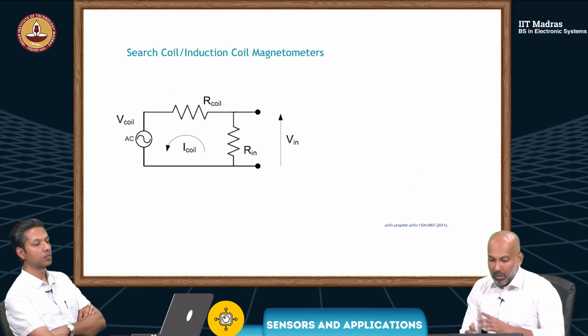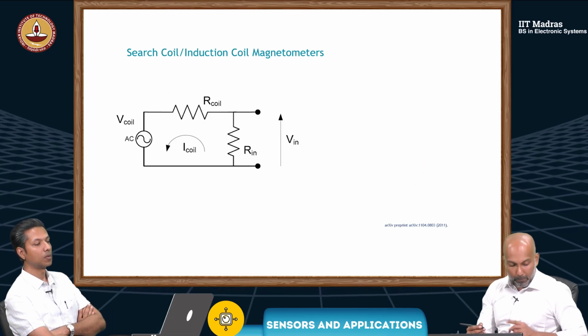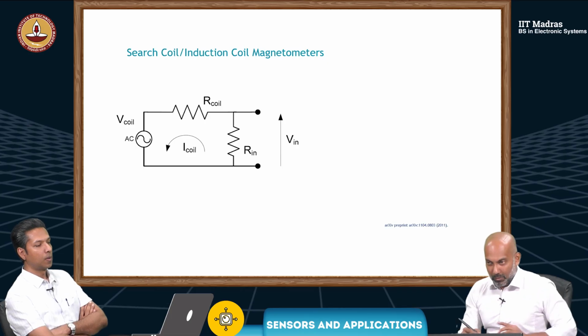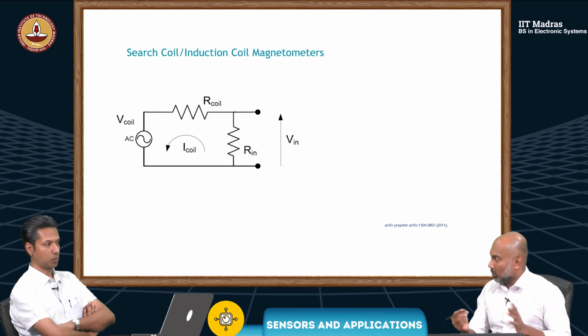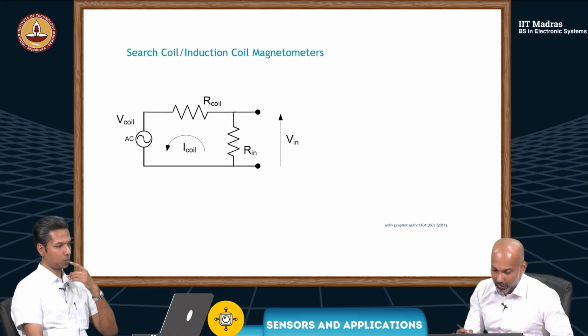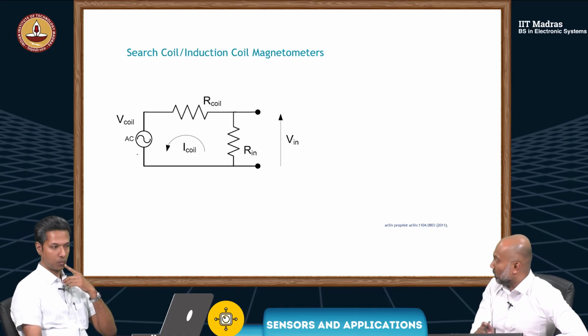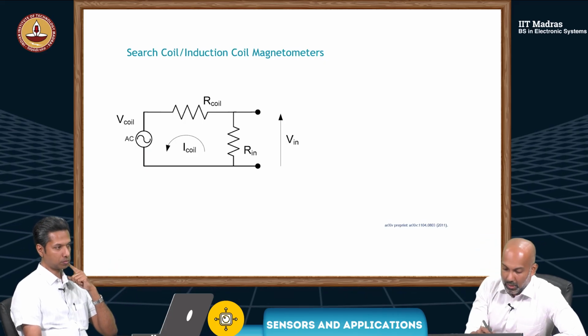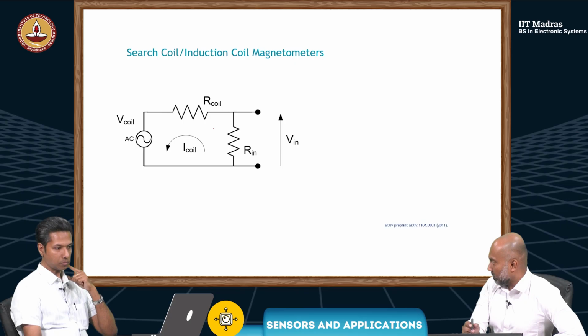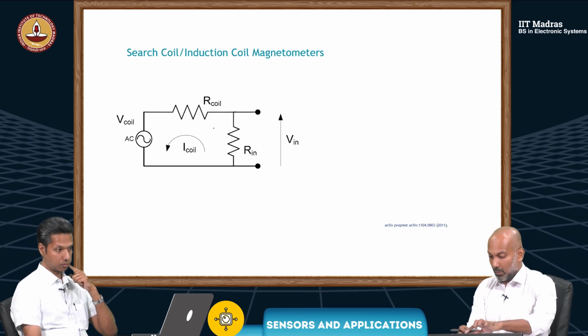Now, before, we talked about inductance and capacitance, but let's say we ignore all that, and then you have an AC coil. Now this is the induced voltage. Then you have your R of coil, and then your voltage input.